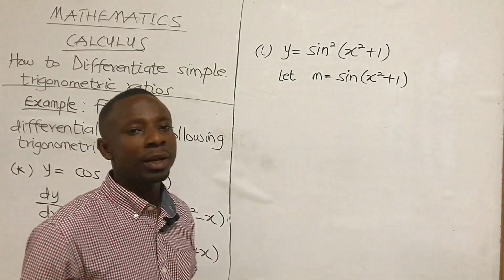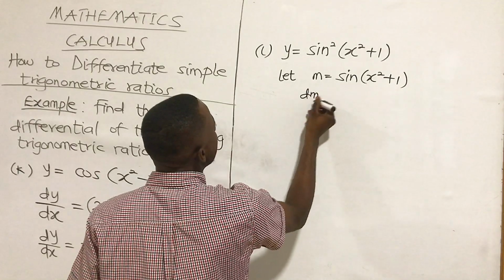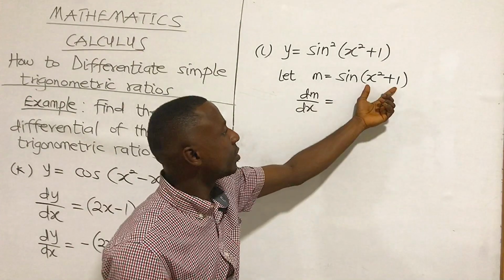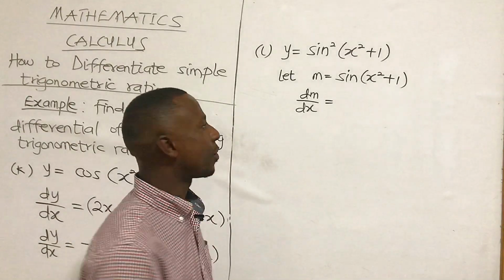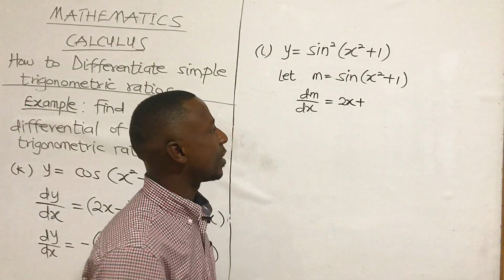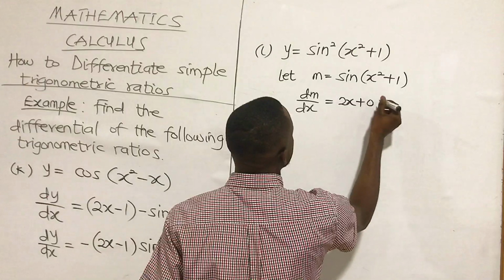So before we can differentiate this, we have dm over dx is equal to, we are going to start from the bracket. When I differentiate x squared, I have 2x plus, and when I differentiate 1, I am getting 0.